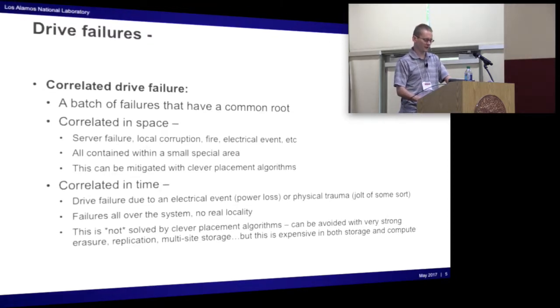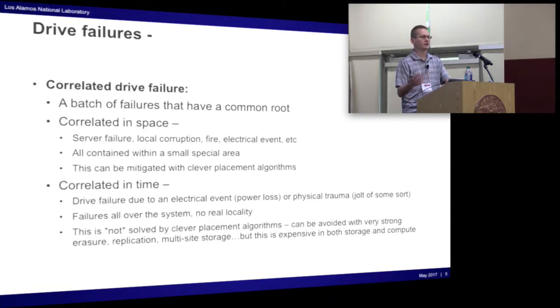And correlated in time is another thing, and those are hard, where you have an entire system that has an event, and that event doesn't affect a rack, it doesn't affect a server, it is 50 or 100 drives across the entire campus or more, and there's no real rhyme or reason to which ones die. And that's one of the things that isn't really solved with standard placement algorithms in both current RAID and distributed file systems, as well as cloud storage systems that tend to use a hashing algorithm to pick where the chunks of an object go.